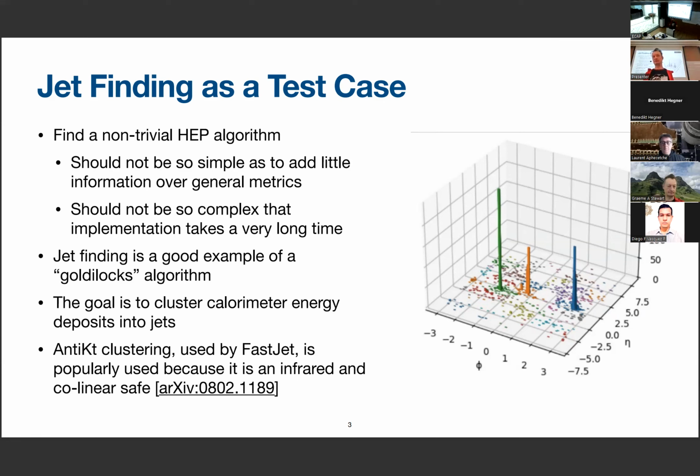The problem is probably familiar to many people in the room. In particle physics, a high energy particle comes into the calorimeter and undergoes a showering process where it breaks apart into lots of child particles.